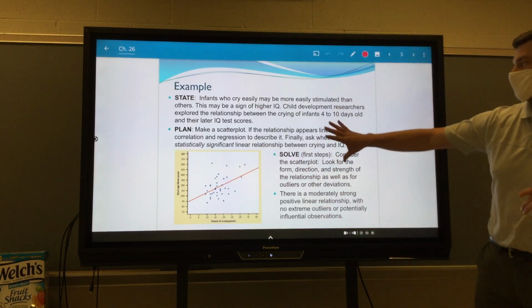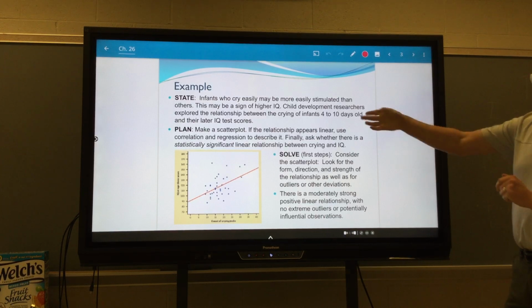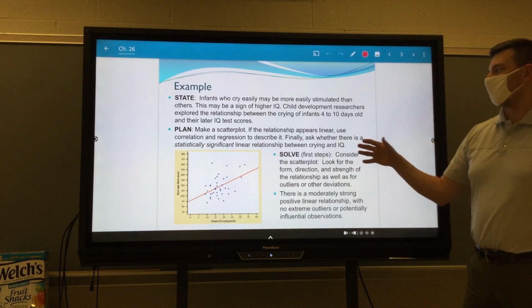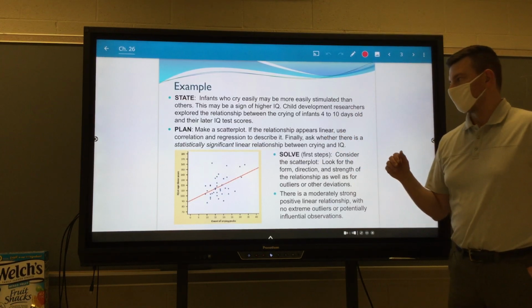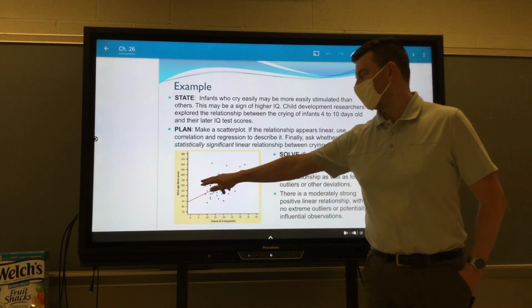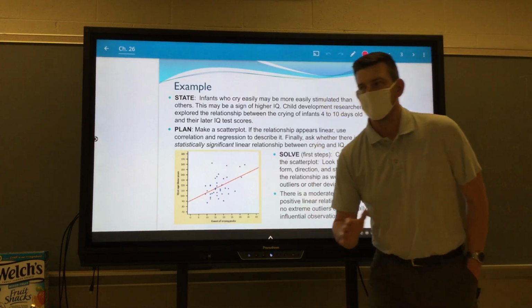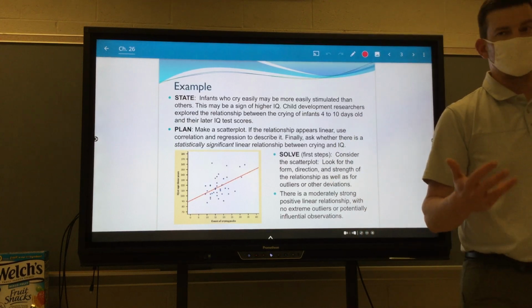The way this experiment was conducted is that child development researchers explored this relationship between the crying habits of infants between 4 and 10 days old and their IQ, measured later on when they were 3 years old. 3 years old is about the very beginning of when you could start to measure a child's IQ.